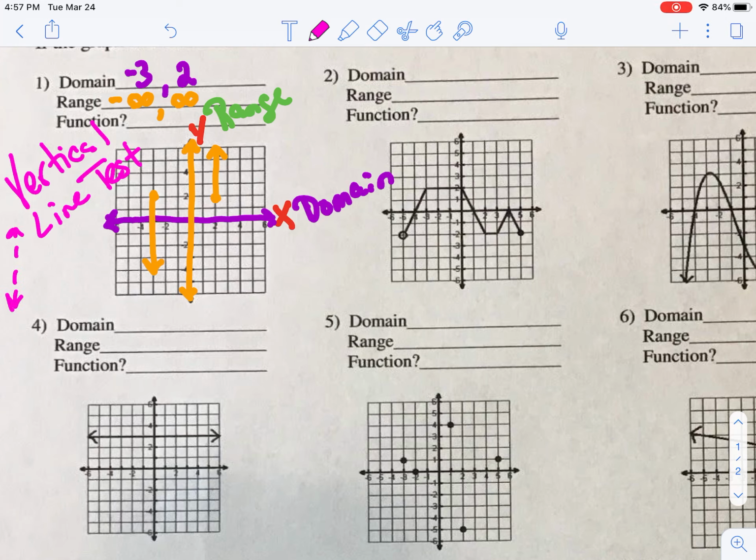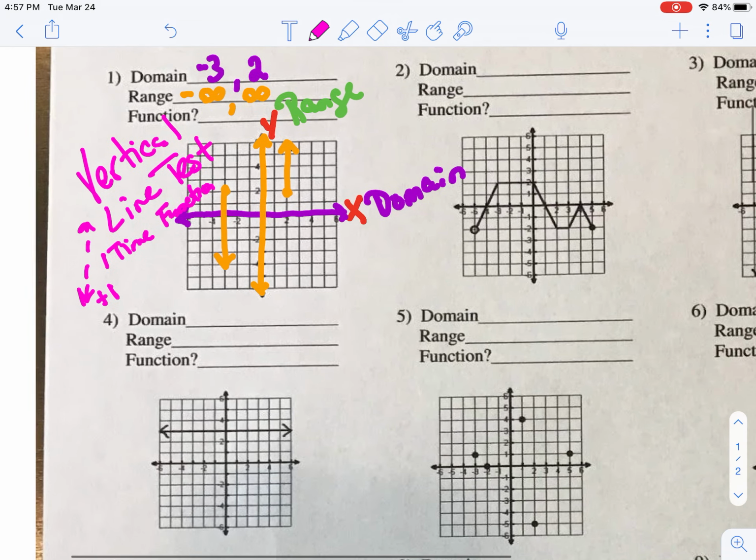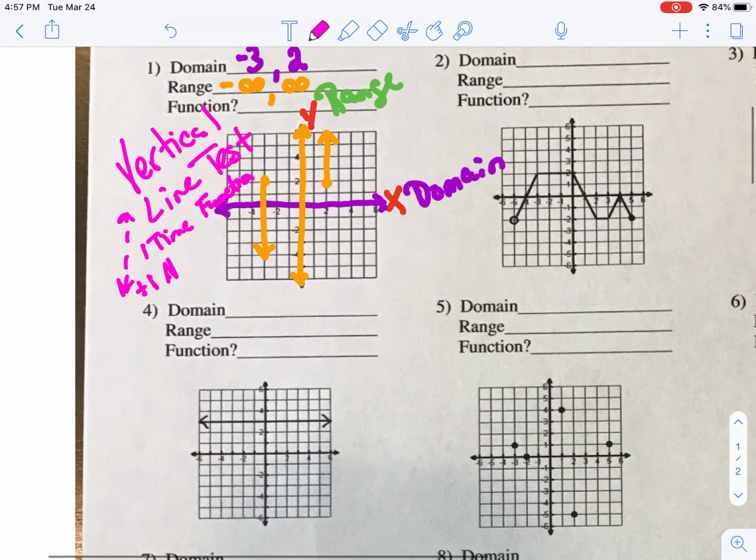We're actually going to draw these vertical lines through our graph. Now, if the vertical line hits the graph one time, it's a function. More than one time, whoops, it's not a function.